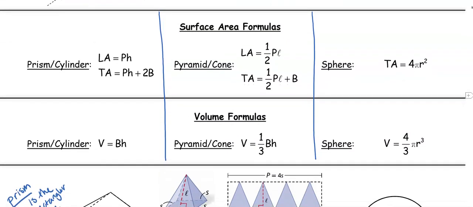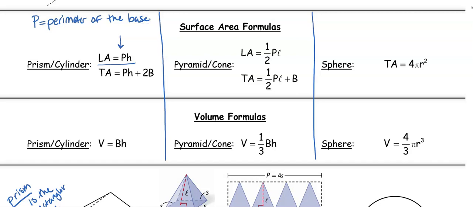The lateral area is the area around the shape. So think about a toilet paper roll. A toilet paper roll is hollow and it has open bases. That is the lateral area. The perimeter, or the big P stands for the perimeter of the base.